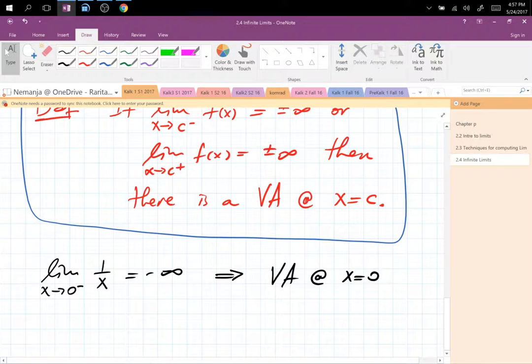VA equals 0 is just garbage that has no information. That's meaningless, so don't write that. The equation of the vertical line is x equals a value. So x equals 0, x equals 3, x equals 5. That's the equation of the line.